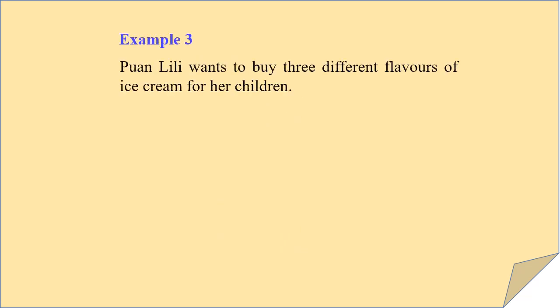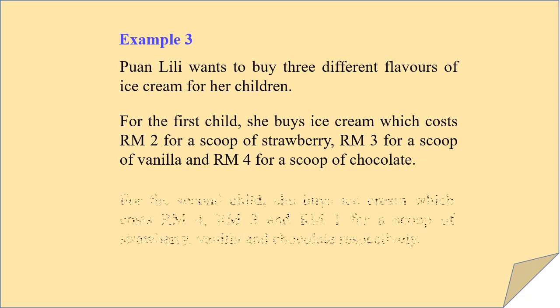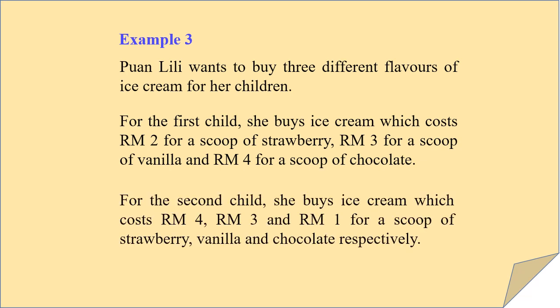So let's see example 3. Puan Lili wants to buy 3 different flavors of ice cream for children. Okay, for the first child, she buys ice cream which costs 2 ringgit for a scoop of strawberry, 3 ringgit for a scoop of vanilla, and 4 ringgit for a scoop of chocolate. For the second child, she buys ice cream which costs 4 ringgit, 3 ringgit, and 1 ringgit for a scoop of strawberry, vanilla, chocolate respectively.